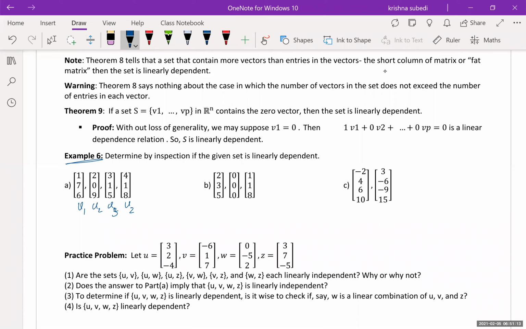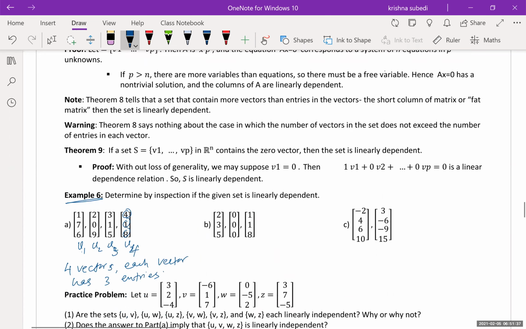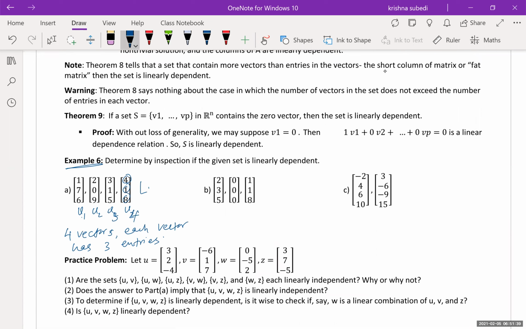There are 4 vectors, V1, V2, V3, V4. Now, how many entries in each vector? 3 entries. So here, 4 vectors, and each vector has 3 entries. Then by theorem 8, they are linearly dependent.